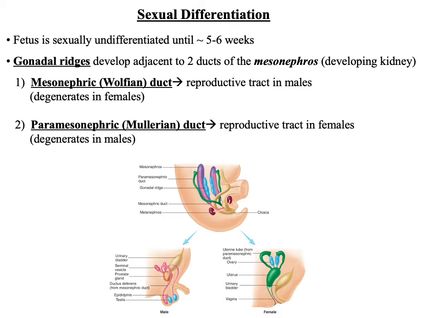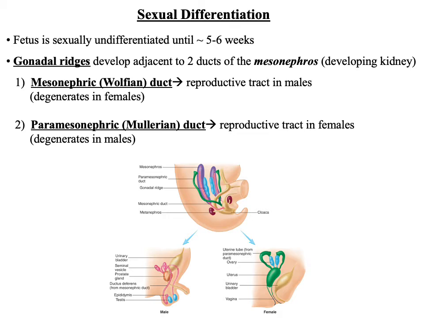These two ducts include the mesonephric or Wolffian duct and the paramesonephric or Mullerian duct. Both of these sets of structures are present up until about 5 to 6 weeks.